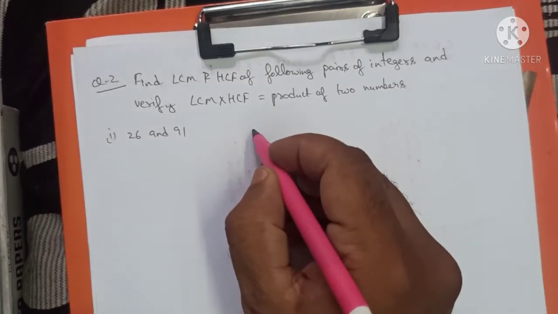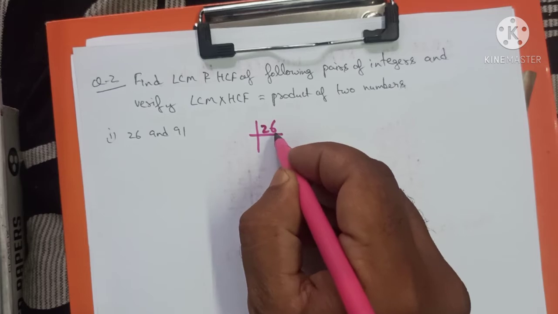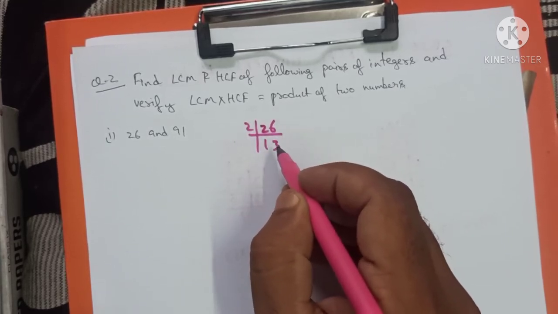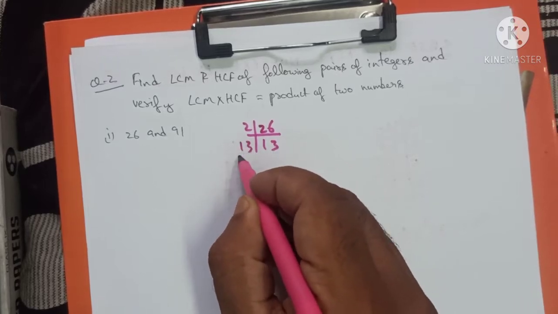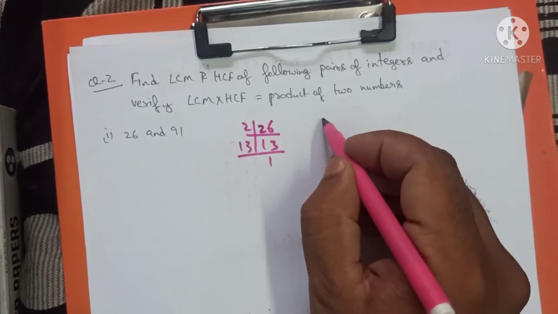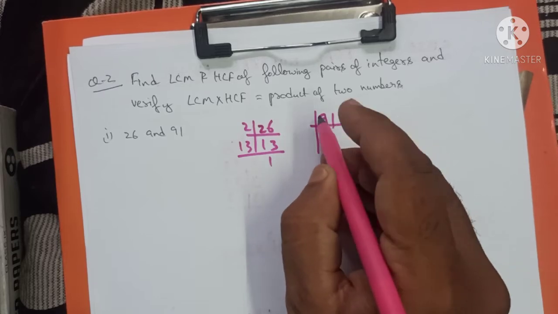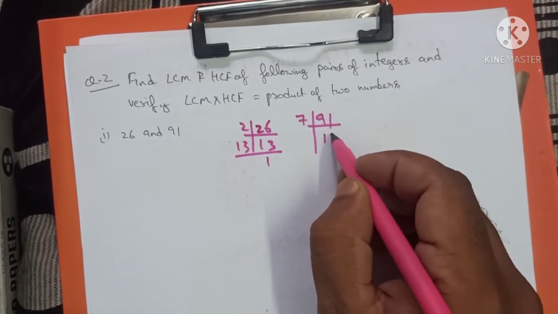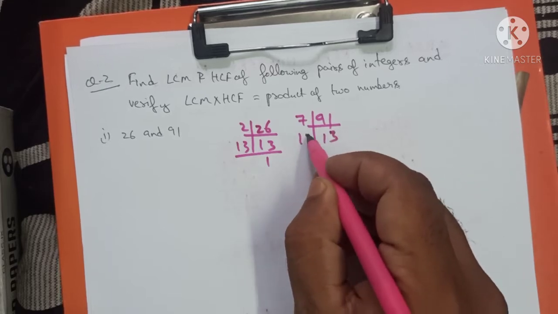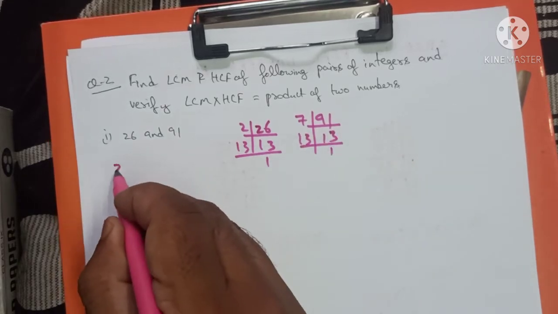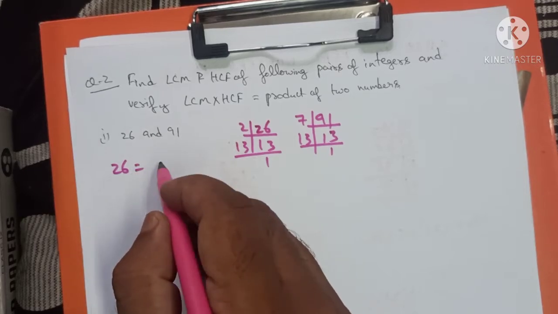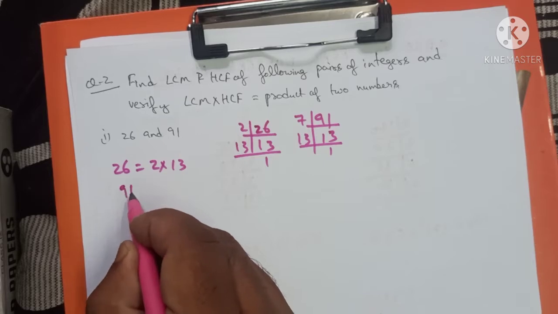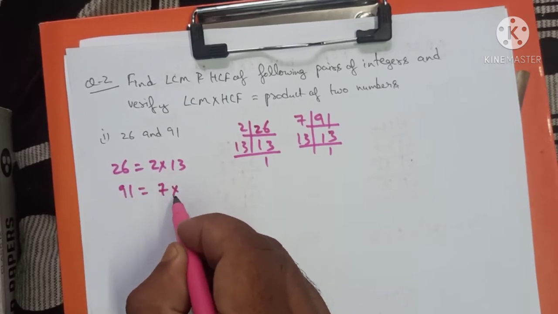The first part, we have to find out the prime factors. 2 1s are 2, 2 3s are 6, and 13 1s are 13, and 91, the factors will be 7 1s are 7, 7 3s are 21, and 13 1s are 13. So the prime factors of 26 will be 2 into 13, and the prime factors of 91 will be 7 into 13.